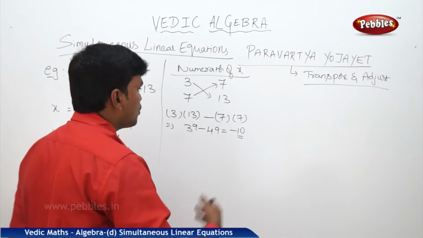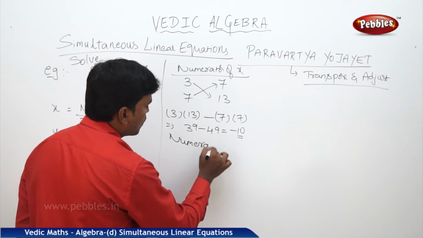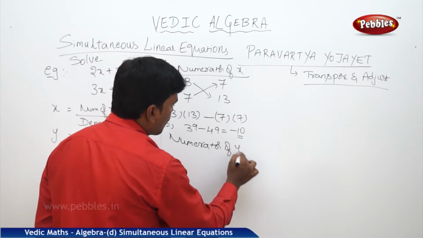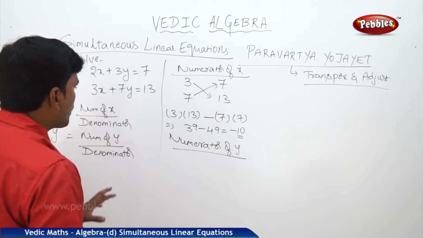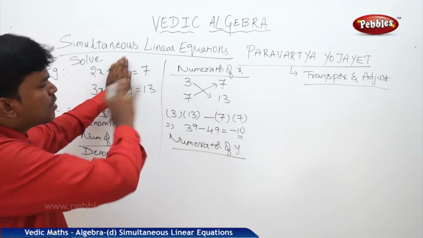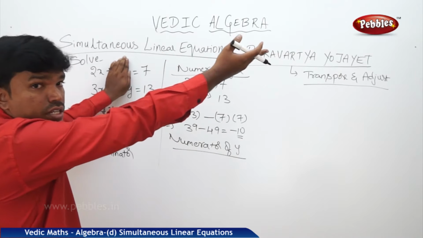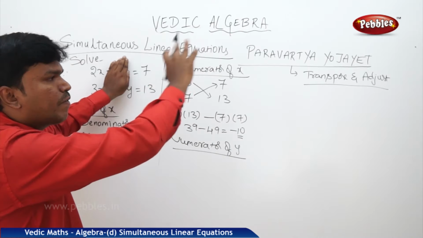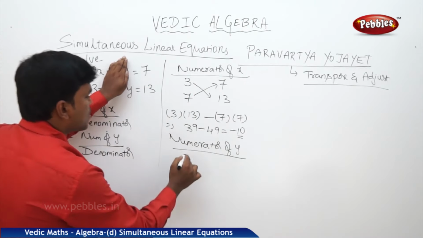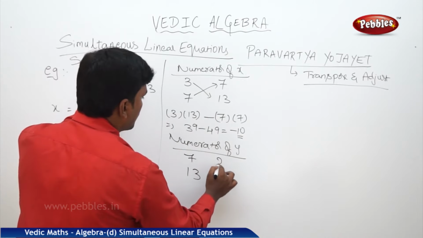Now we will see the numerator of y. Just ignore the y terms and take the remaining coefficients, but in a reverse order. Why? Because first the constant terms will come, then the coefficient of x, since it is a cyclic way. So first write down 7 and 13, then 2 and 3.